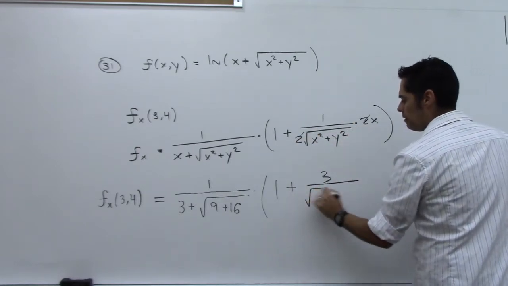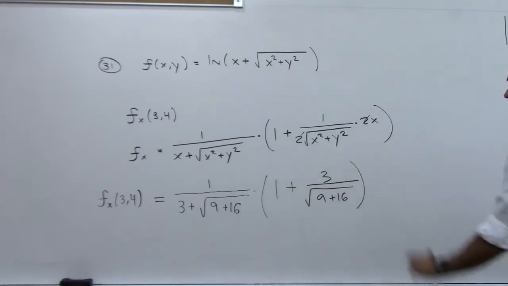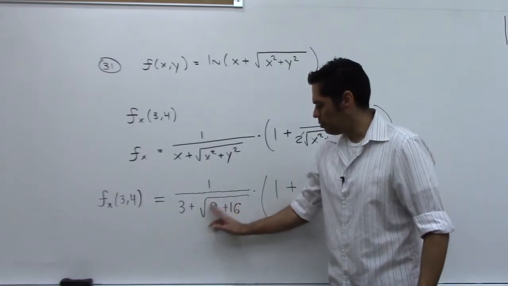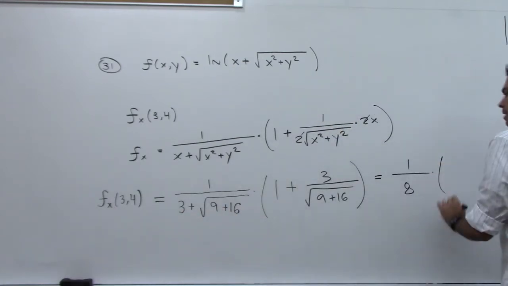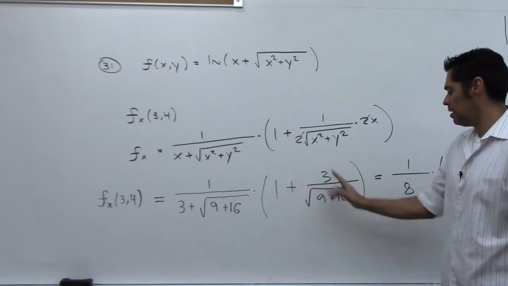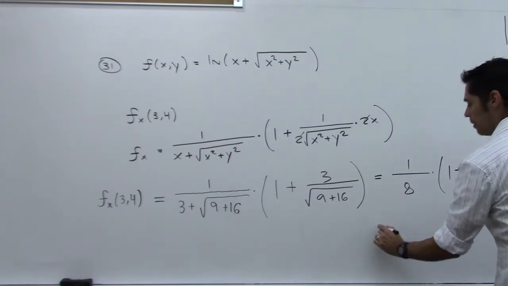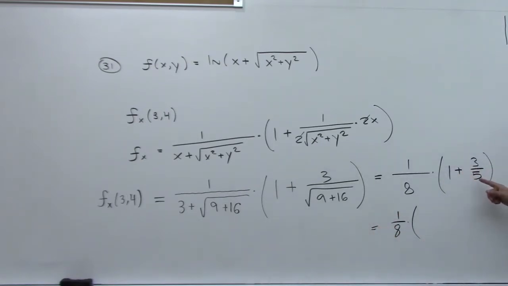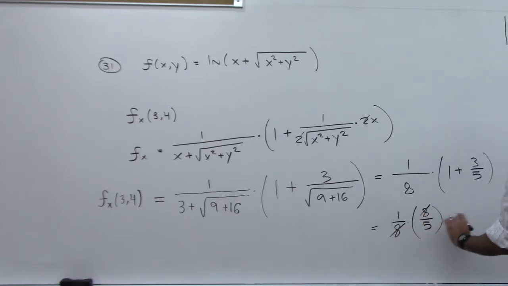So the square root of 9 plus 16 is the square root of 25, which is 5. So 3 plus 5 is 8, so I have 1/8 times 1 plus 3/5. 1 plus 3/5 is 8/5. These 8's cancel, and we get 1/5.